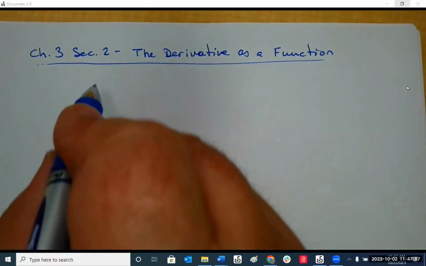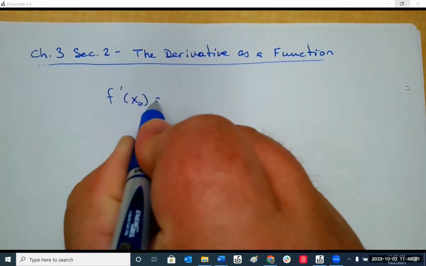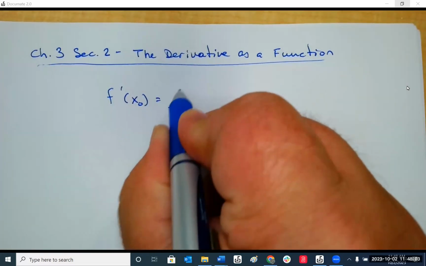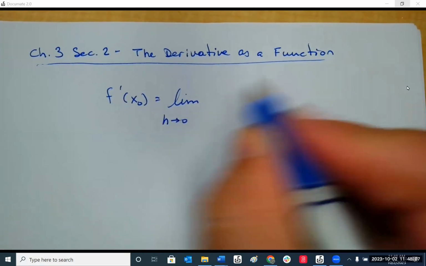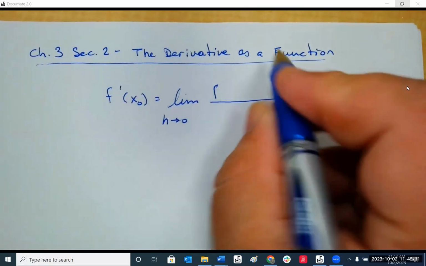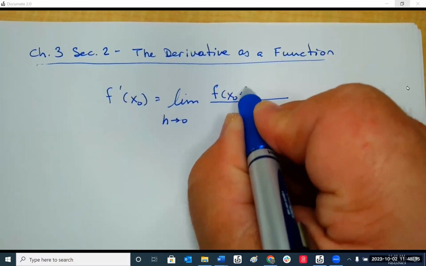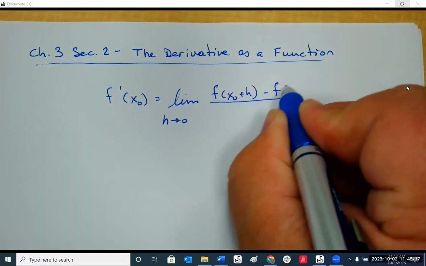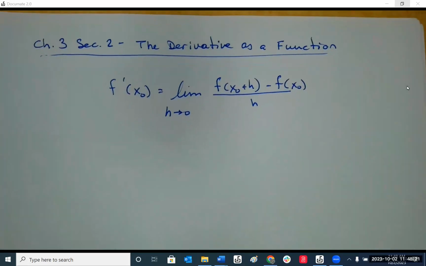So the last section we saw that the first derivative was actually the limit as h goes to 0 of our difference quotient, f of x sub 0 plus h minus f of x sub 0 over h. That's what we saw.